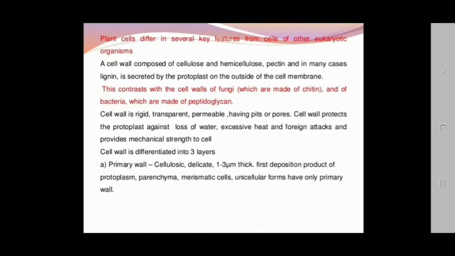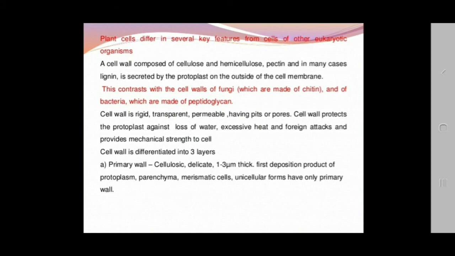Now, the plant cells differ in several key features from the cells of other eukaryotic organisms. A cell wall is composed of cellulose or hemicellulose, pectin, and in many cases it is lignified, and it is secreted by the protoplast on the outside of the cell membrane. This contrasts with the cell walls of fungi, which are made up of chitin, and of bacteria, which are made up of peptidoglycan.